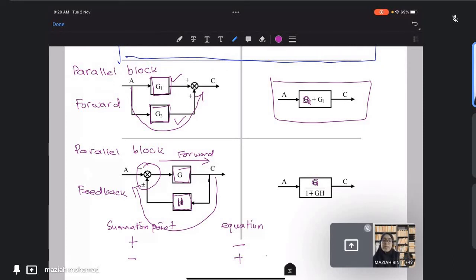So for two forward parallel blocks, if you combine them together, that will become G1 plus G2. For a feedback parallel block, we have to use the equation, which is G over 1 plus or minus GH.